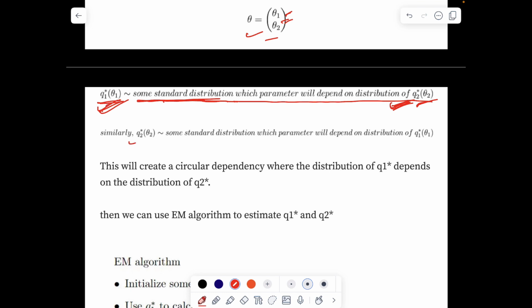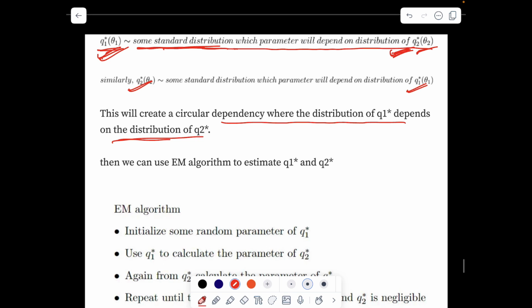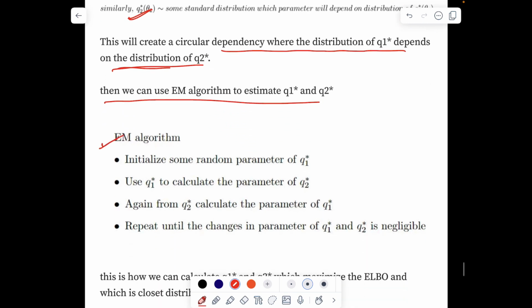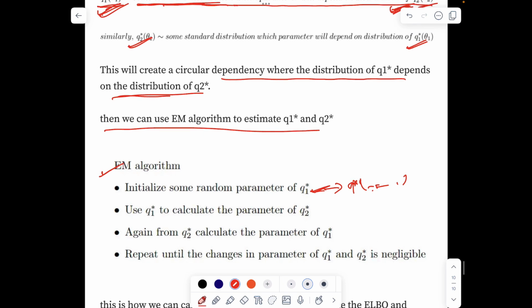Similarly, q2 star will only depend upon q1, not on q2. Now what we have done is created a circular dependency where the distribution of q star 1 depends upon the distribution of q star 2. Now we use the EM algorithm. What does the EM algorithm do? Just to give an overview: first we initialize some random parameter for q1.